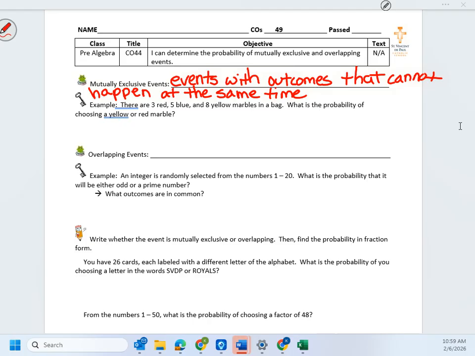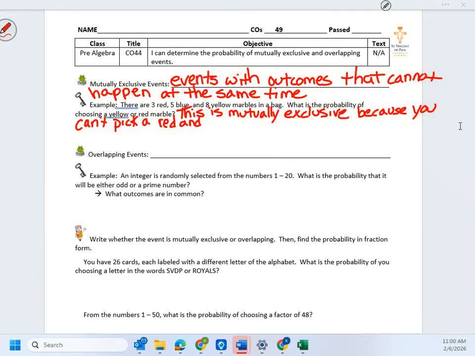So this is mutually exclusive because you can't pick, we're going to say, red and blue marble at the same time.